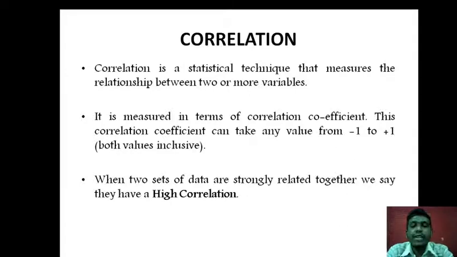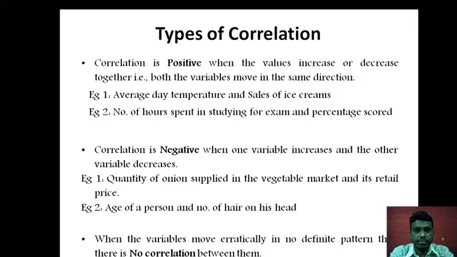When two sets of data are strongly related together, we say that they have a high degree of correlation. Now, what are the different types of correlation? A correlation can be positive, it can be negative, or it can be 0, that is, there may not be any correlation between the two variables.